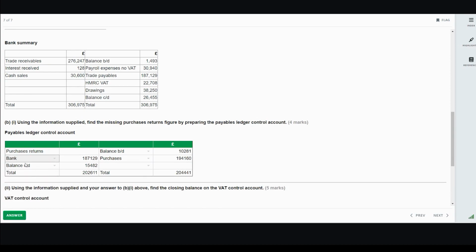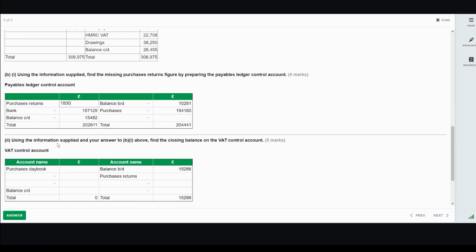Yep, okay. Now the difference between the credit side and the debit side should be the purchase returns figure. So 204441 minus 202611. Okay, so we should have purchase returns of 1830.